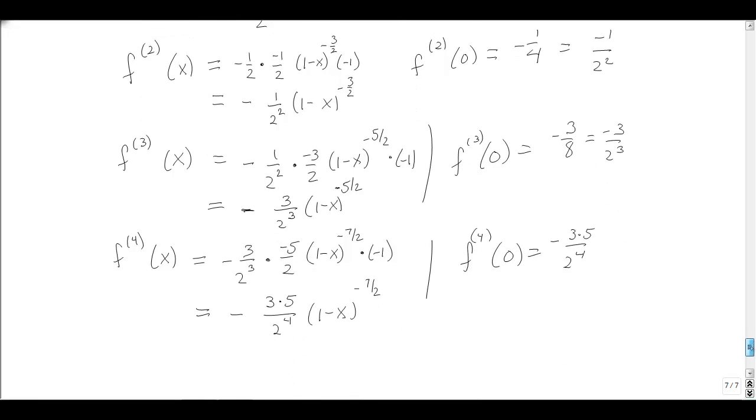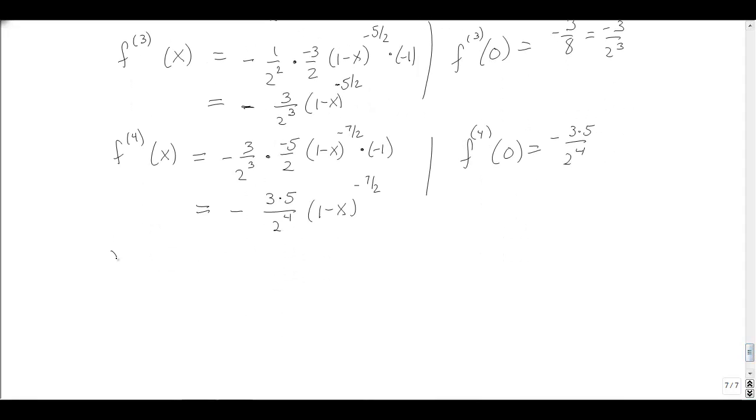So if you look at this, what's going to happen the next time? I'm going to multiply by 7 halves here. And if you can extrapolate this out, your nth derivative, what you're going to get is the negative here, and you're going to get 3 times 5 times 7. You're going to multiply a bunch of odd numbers together here. 3 times 5 times 7 times 9.